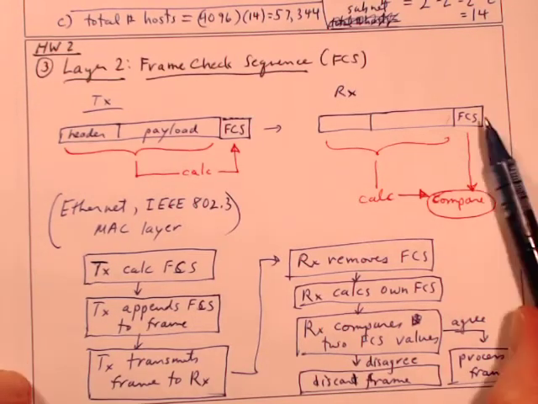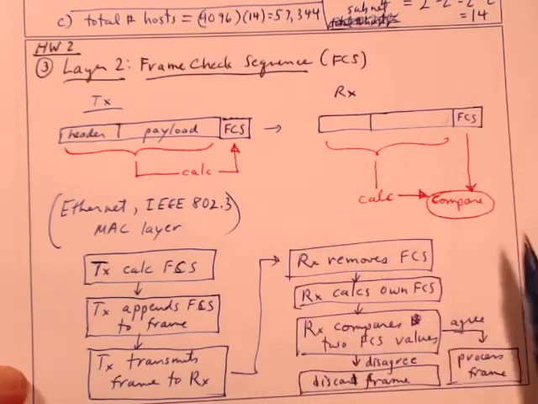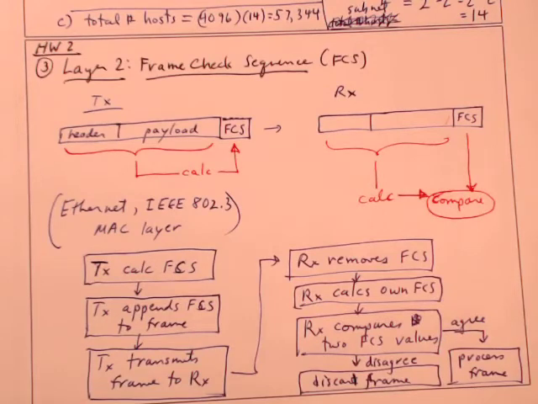The frame check sequence is much shorter than the whole frame. Obviously, it's only 32 bits long. However, there's an overwhelming probability that if the frame check sequences don't agree, then the frame was in error. Okay.